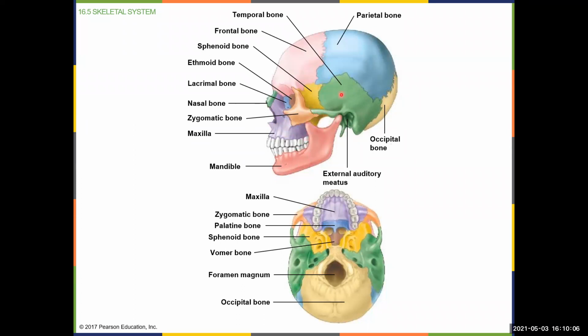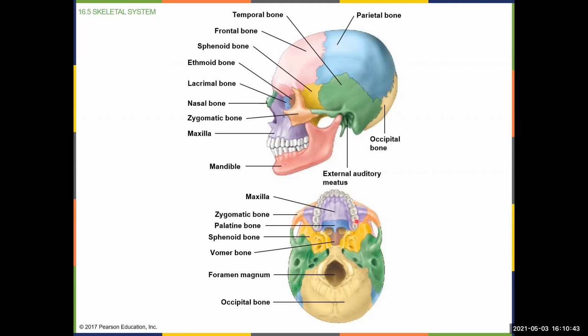And so if we take the skull and flip it upside down, you can see your 2 sphenoids, your 2 temporal, your occipital, the bottom portion of the parietal, your zygomatic, the maxilla, and right behind the maxilla on the roof of the mouth is the palatine bone. And then inside of that, there's a little cavity that goes down, and that little bone in the middle there is your vomer bone.